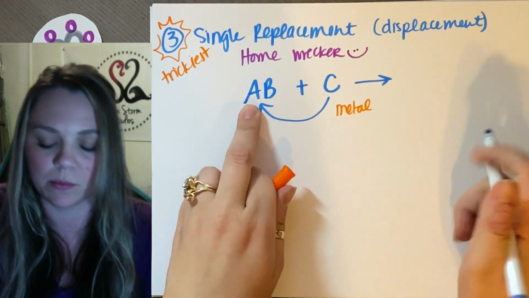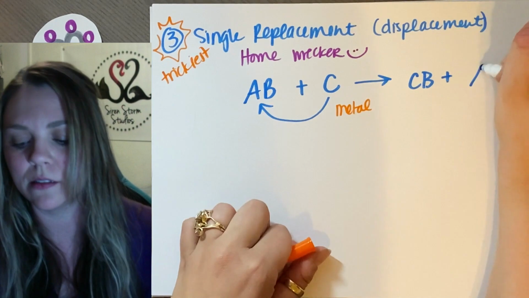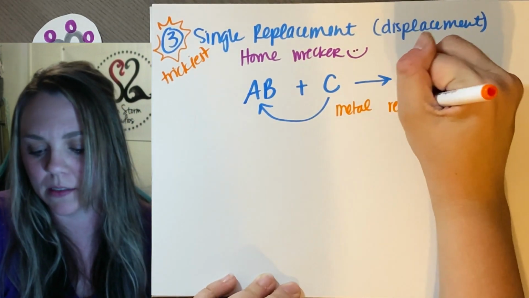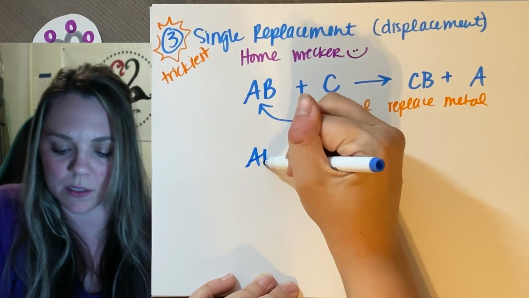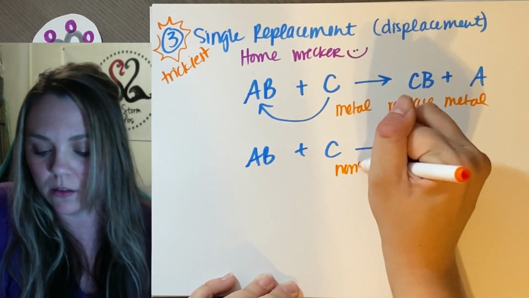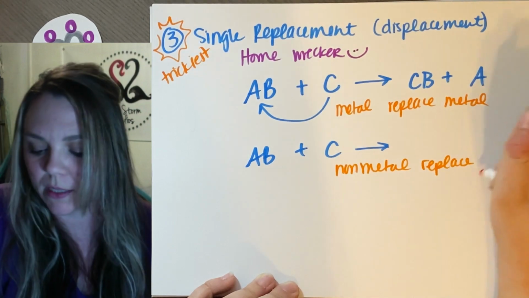So this C would replace the A to be then CB plus, now A is all by his lonesome, okay? So the metal would replace the metal. If it was AB plus C, and C was a non-metal, it's going to replace the other non-metal.